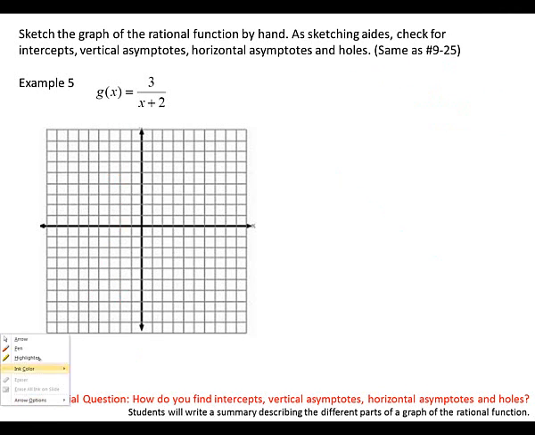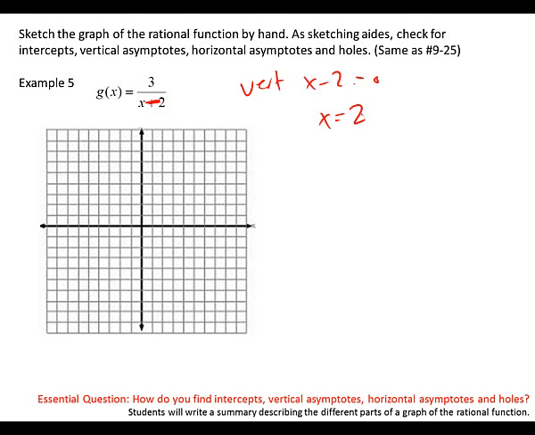I'll make it a minus. I apologize. So you have your vertical: x minus 2 equals 0, so x equals 2. Is that right? Okay, so let's do a vertical at 2. We'll match what's in your book. I don't know why it's typed wrong like that.